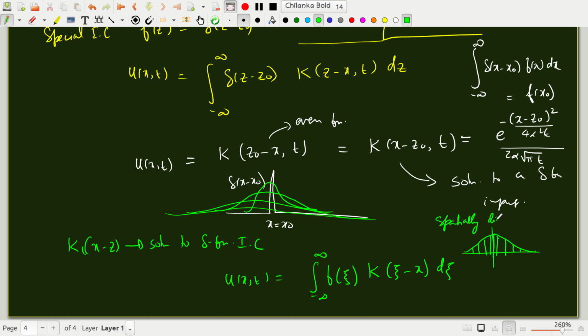Because it's a spatially distributed initial condition, you can think of the solution as a linear superposition of the solutions to delta function initial conditions, and this integral is basically like a summation. This again happens because of linearity. Such a thing will not be possible if the governing equation was nonlinear.